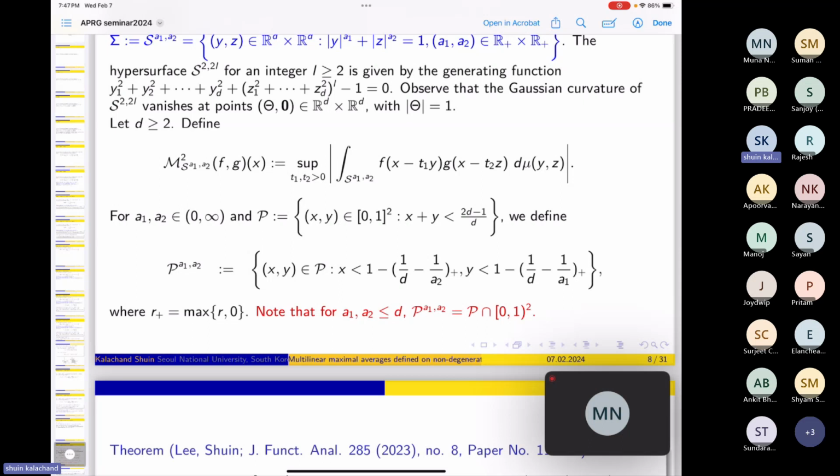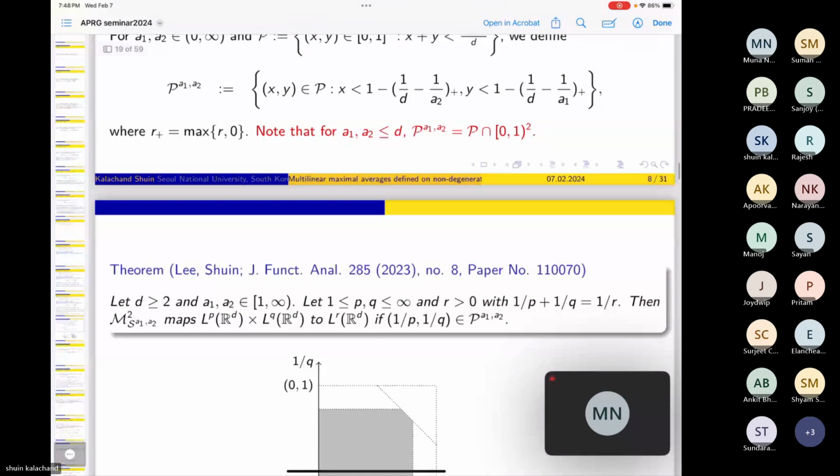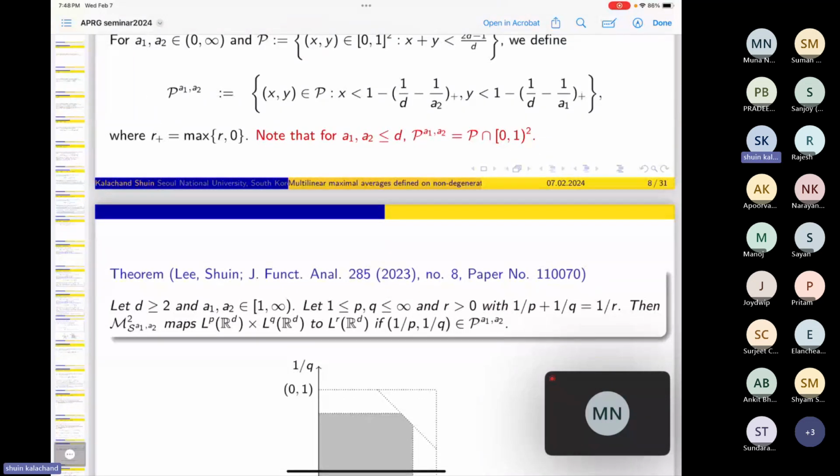Note that from this definition, if both A1, A2 are less than or equal to d, then this set P(A1, A2) is nothing but P intersected with the right-open unit square [0,1), that is, the top line and the right line, x equals 1 and y equals 1, those two line segments, are missing. So this is one observation on how the set P(A1, A2) behaves.